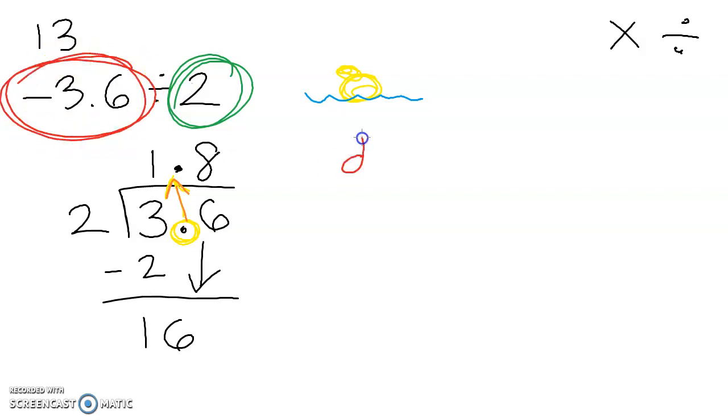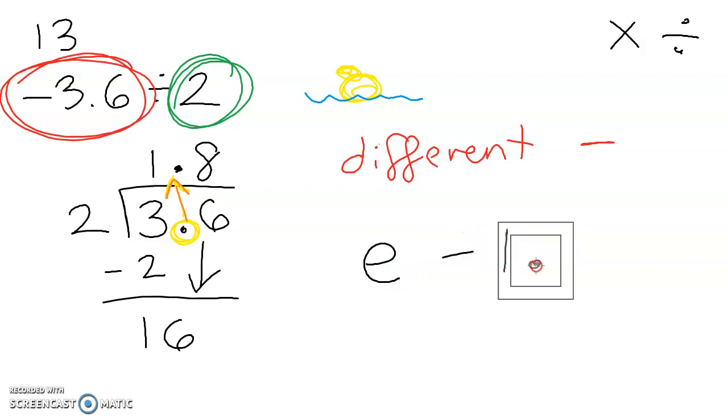So I have divided numbers with different signs, so that means my answer is going to be negative. So my final answer for problem E is negative 1.8. Make sure you have the decimal point in the right spot for that.